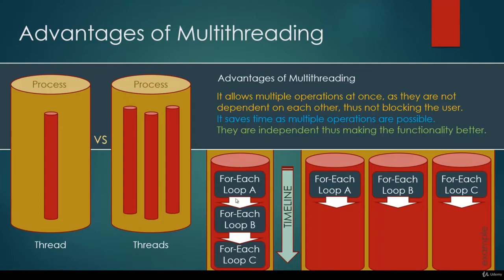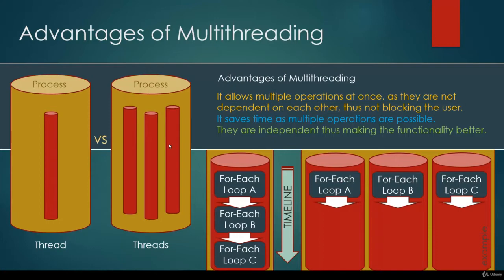So for example, as far as the single-threaded application is concerned, we have the first for loop and all the other operations have to wait for the first operation to finish. After we finish with the first loop, then the application can do the second loop, and after it is finished, then the application does the third loop. This is the case when it is a single-threaded application.